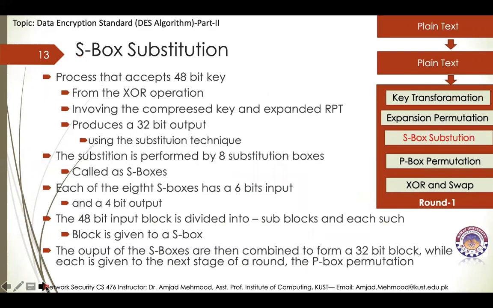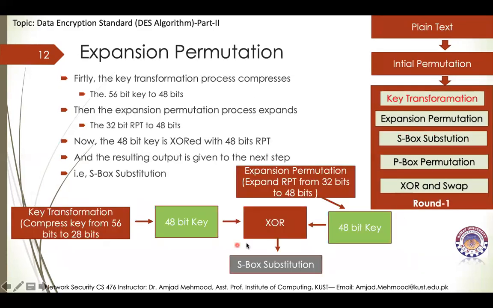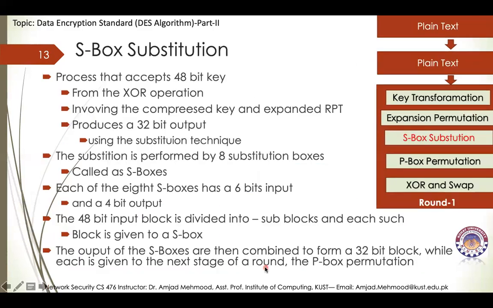Now, the S box substitution process accepts 48 bits. As you saw in the previous slide, now you have 48 bits. It accepts the 48-bit input from the XOR operation involving the compressed key and the expanded right plain text, and produces a 32-bit output using the substitution technique.